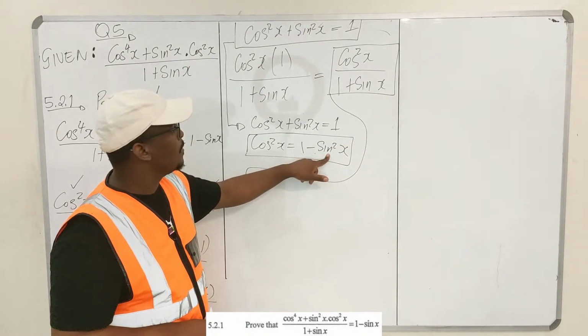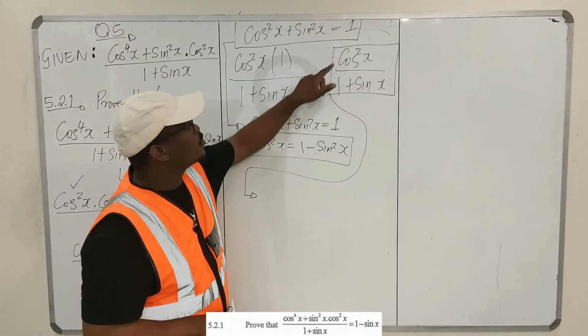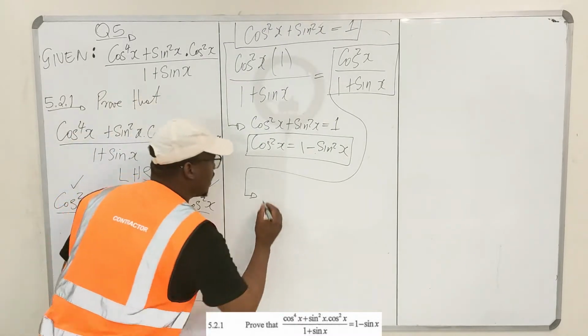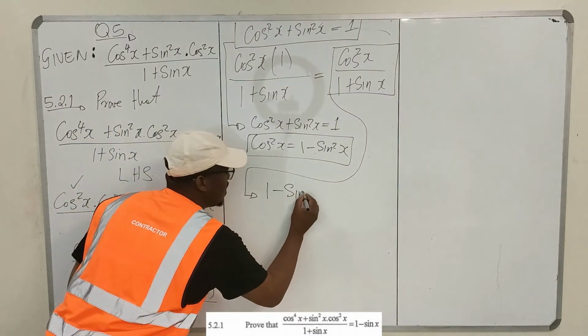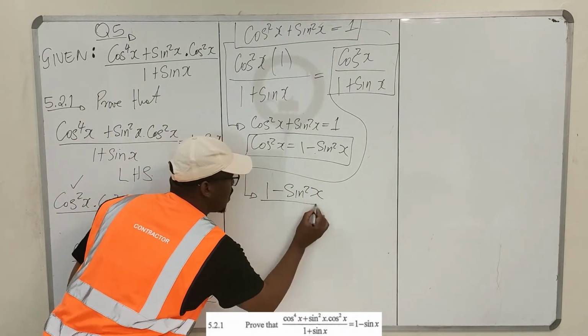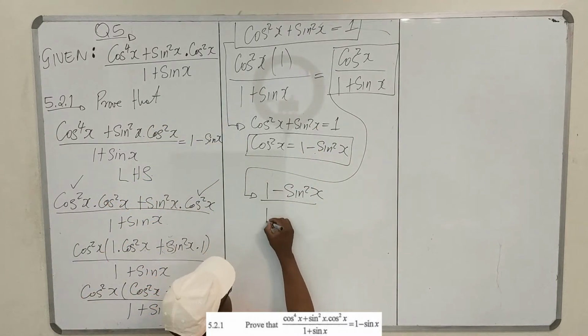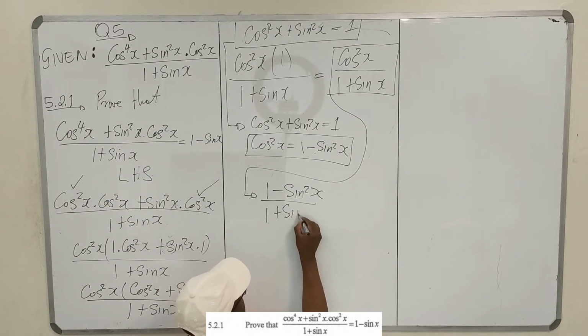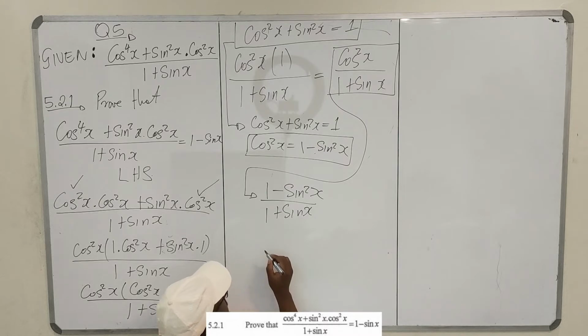When you see cos squared x, you substitute 1 minus sine squared x, divided by 1 plus sine x.